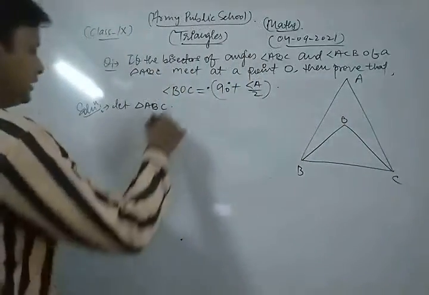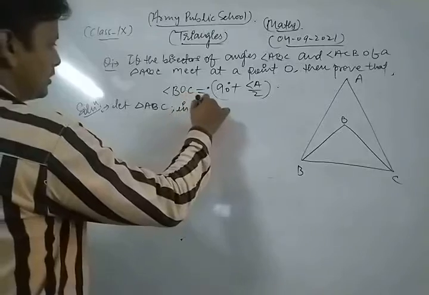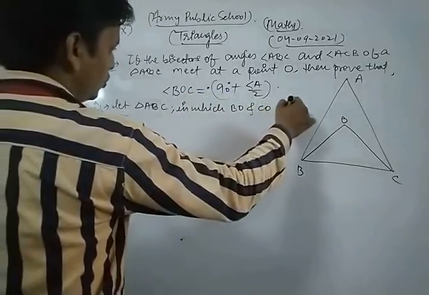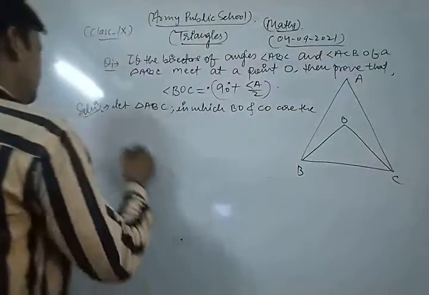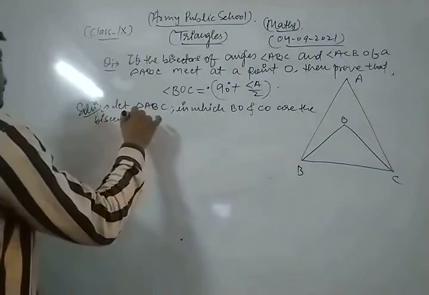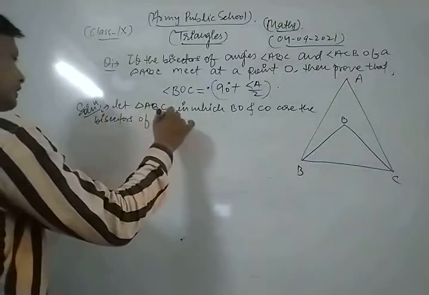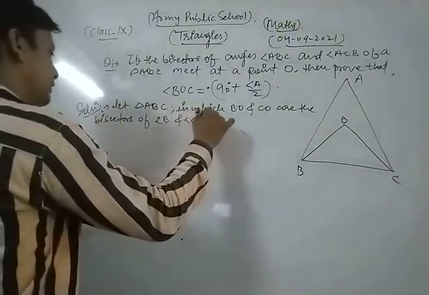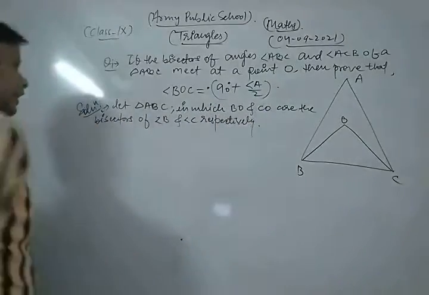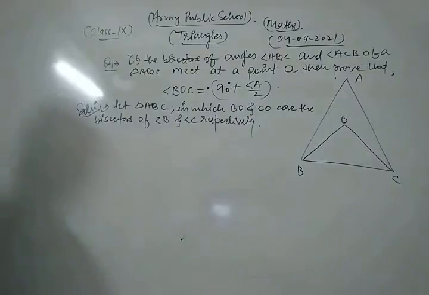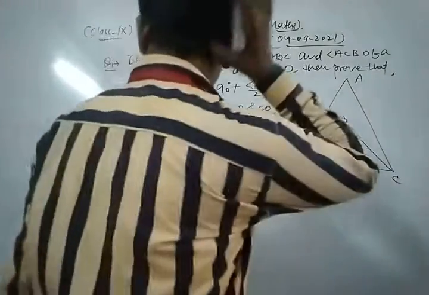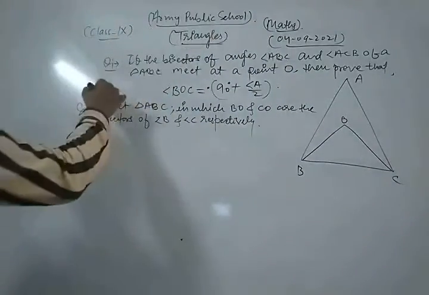Let triangle ABC be such that BO and CO are the bisectors of angle B and angle C respectively, which meet at point O. Okay, this is given.